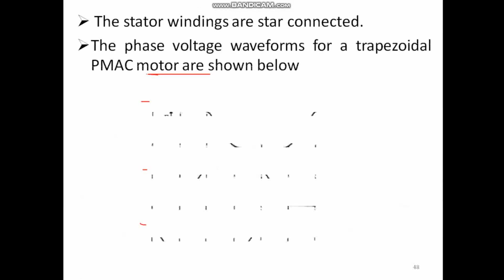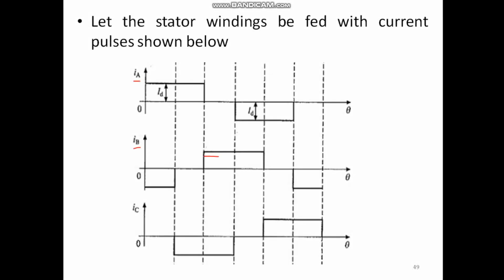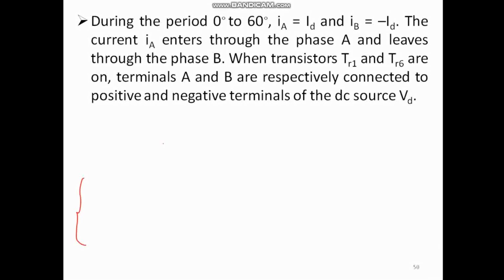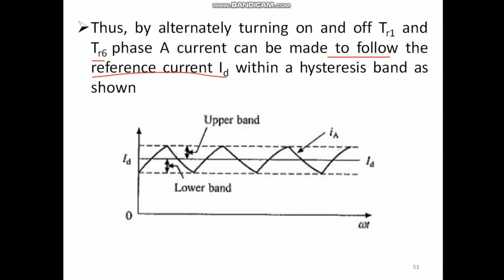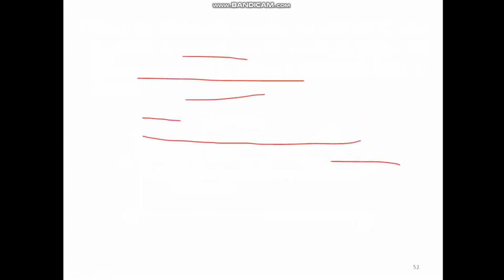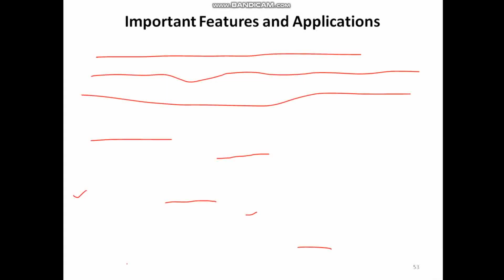We saw the voltage waveforms, we went through the current waveforms, and how it adheres to the hysteresis band. Finally we went through different types of sensors used for rotor position sensing. At the end we dealt with the important features and applications of brushless DC motor drives or trapezoidal PMAC.